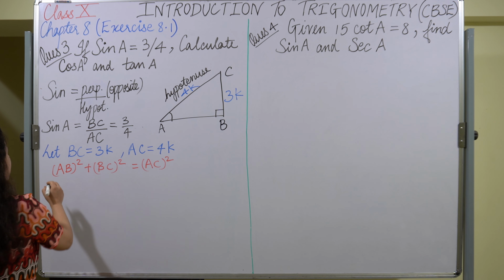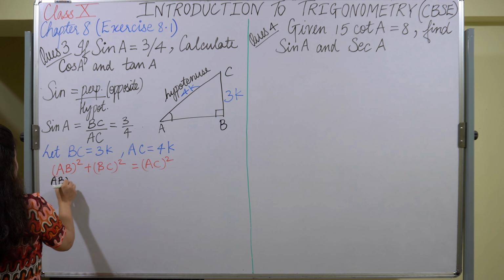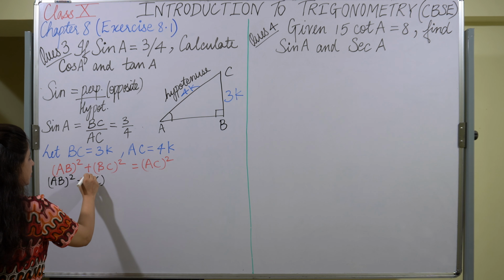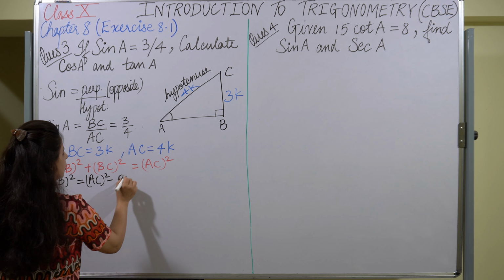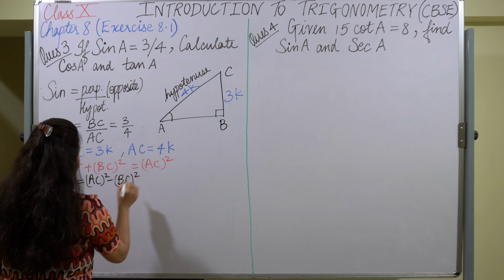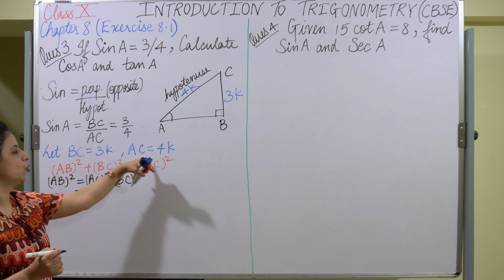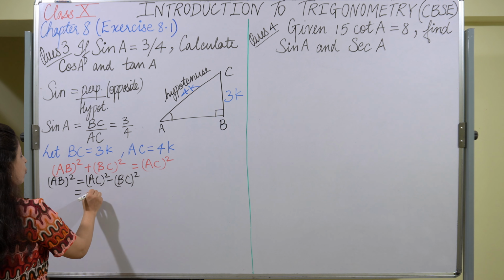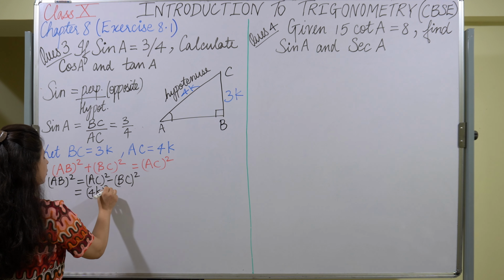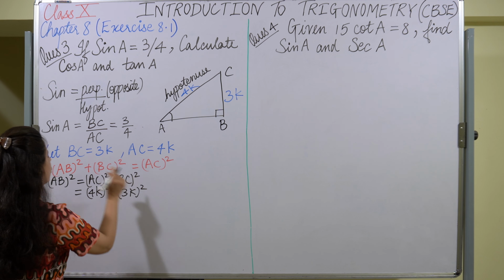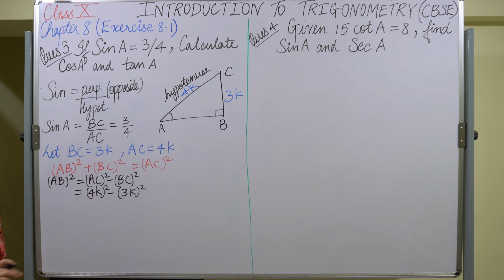So AB square we need to find out. AB square will be equal to AC square minus BC square. AC value we have assumed to be 4K, so 4K square minus 3K square, because BC we have assumed to be 3K.